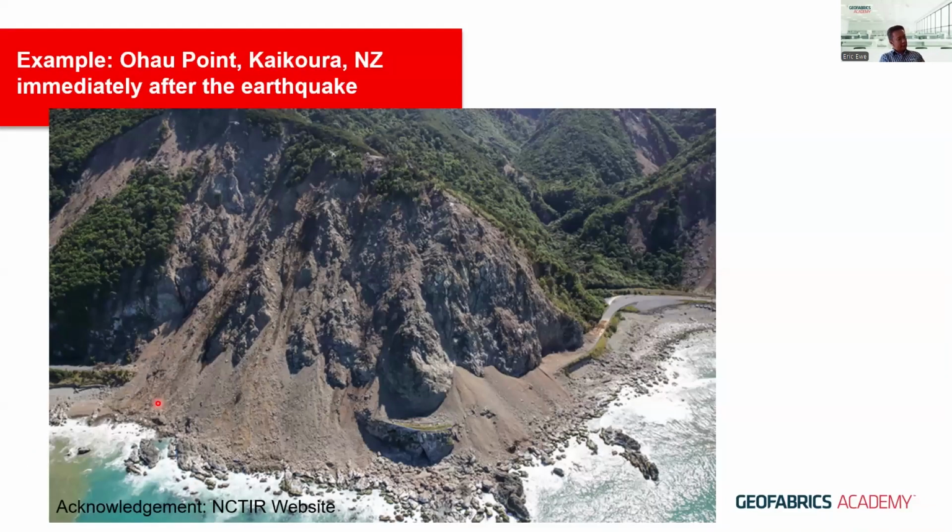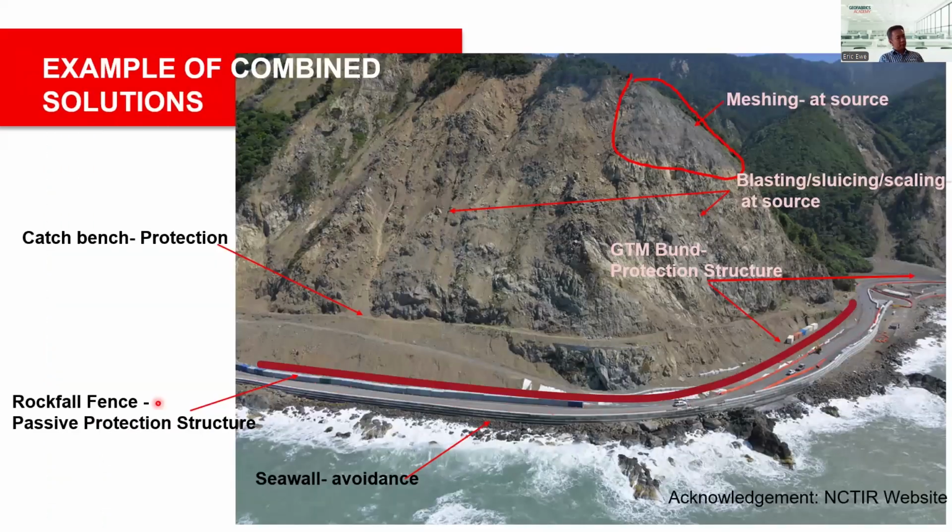Lastly, this is Ohau Point. It is a very famous location along the Kaikoura Coast Road, and it's showing you the scale and severity of the landslide after the Kaikoura earthquake, and some of the measures that have been carried out on this one particular location.